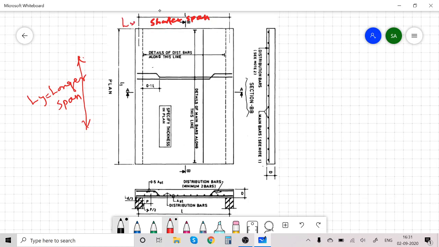This is Lx. First, you will lay this main steel bar, bend it at a distance 0.1 L. Here L is 2.8, so into 0.1. So here you can bend it at 0.28 meter. And take this bar up to the end. Rest it on this support beam.